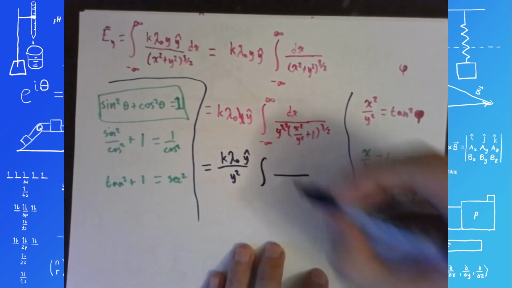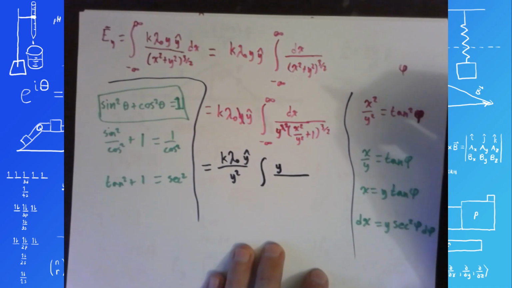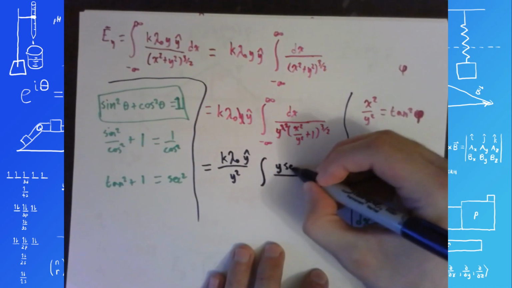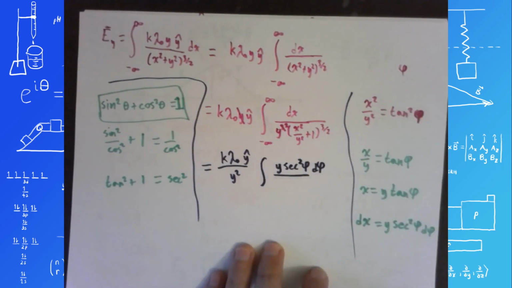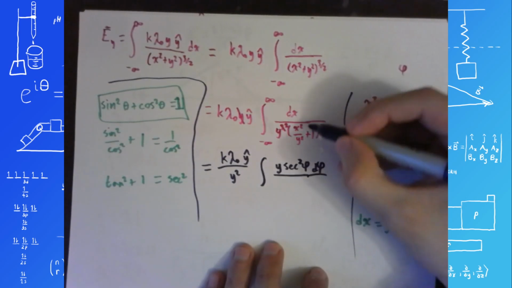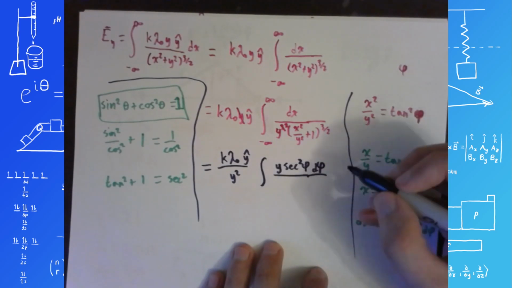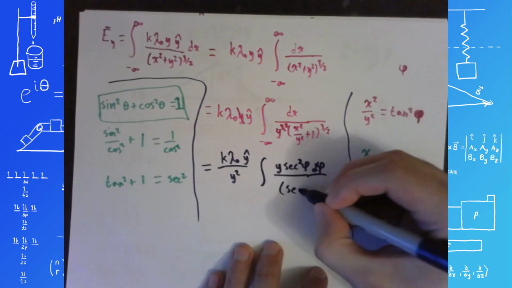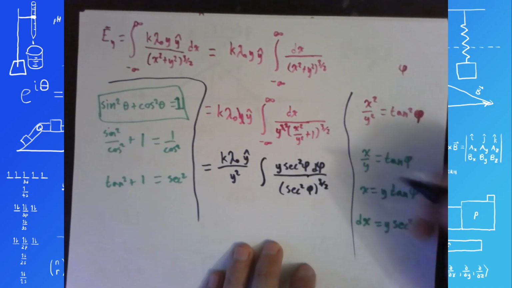Let's see, my dx becomes y secant squared of phi d phi. Okay, so that takes care of my dx. And then x squared over y squared plus 1 is going to simplify to secant squared of phi, and then to the 3/2, secant squared of phi to the 3/2.